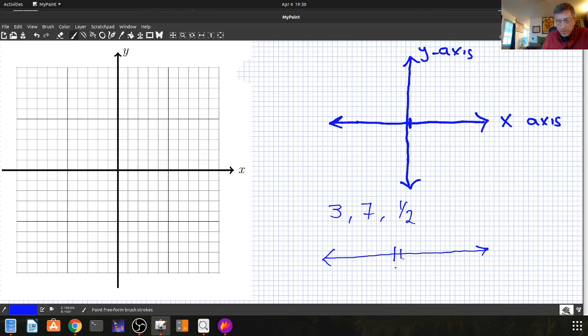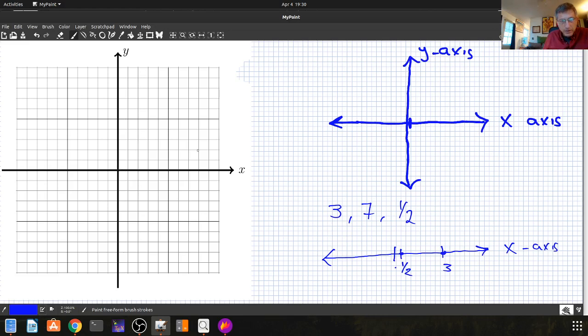So we'll say 1/2 is here, 3 is up here, and then of course I'd extend the line more and I would find 7. And they're just literally points on a number line. So we're going to still have that. It's going to be called the x-axis. And the x-axis denotes the distance from 0.